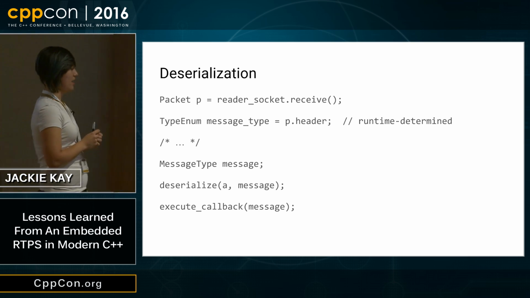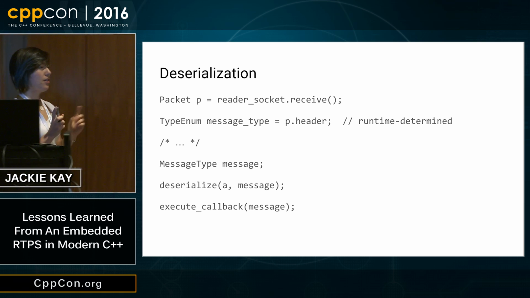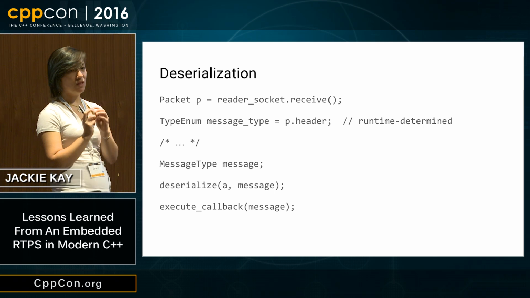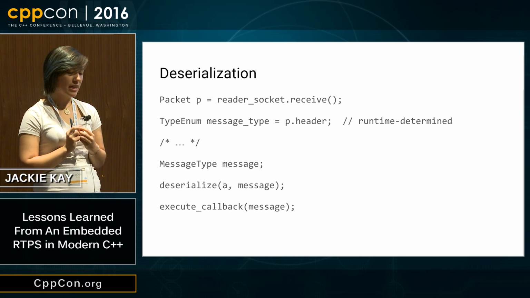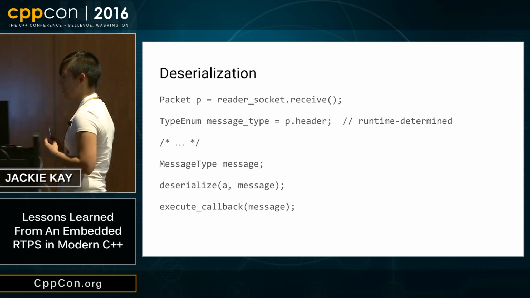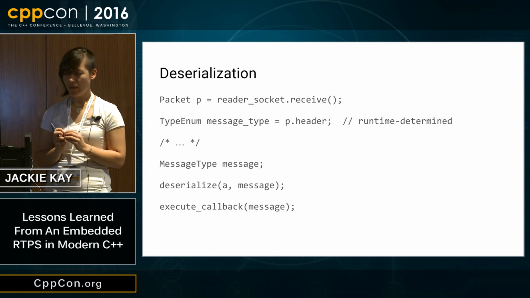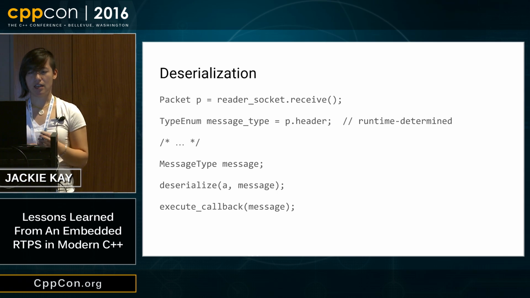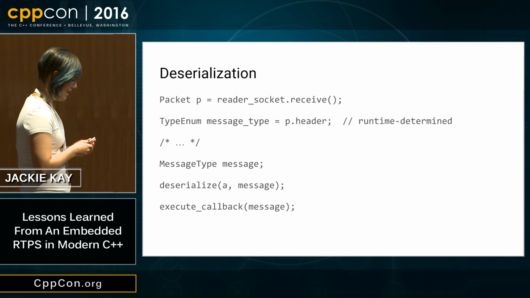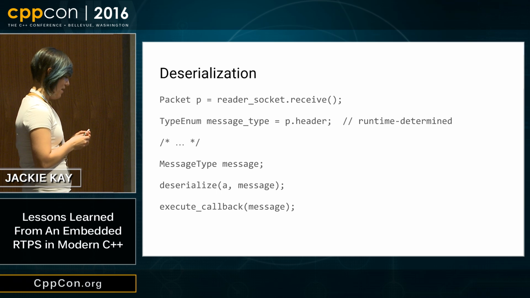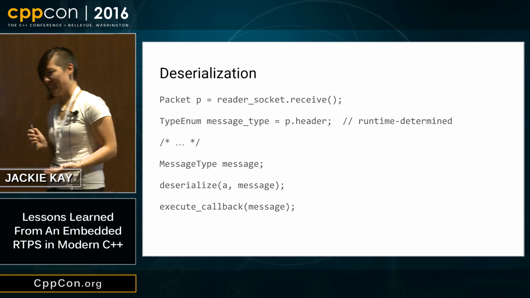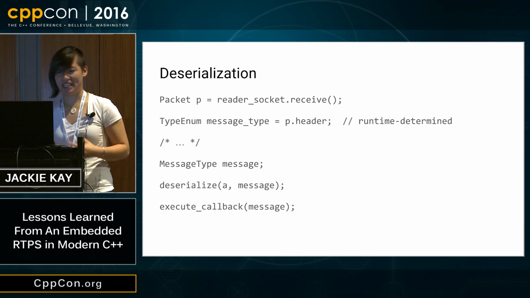You do know, but it's in the header of the packet usually, and there's some clear mapping. But the point is that you don't know what type you're going to get at compile time. You have to do something to get the right type at runtime, and I think people would probably immediately think you have to dynamically allocate something in order to make this happen.